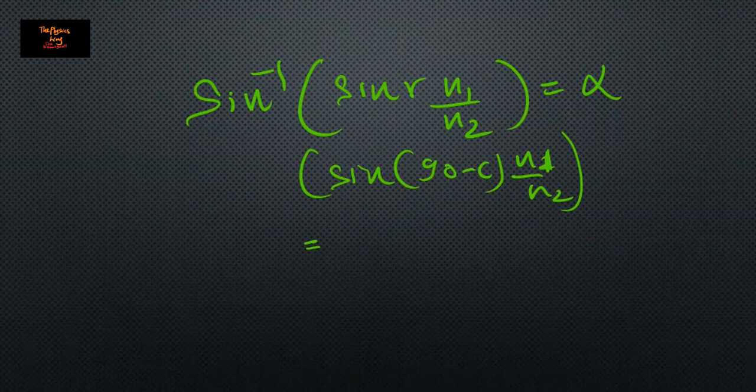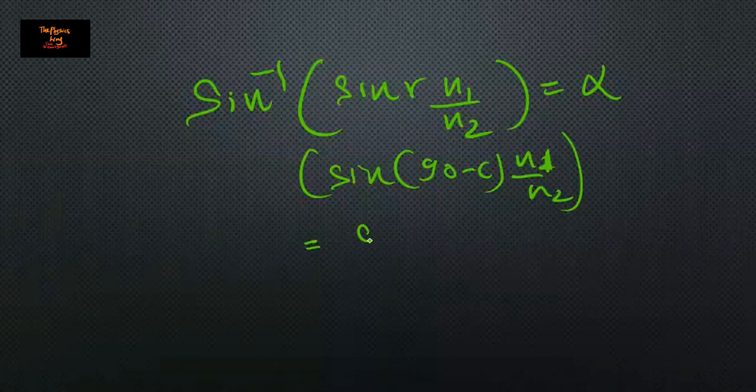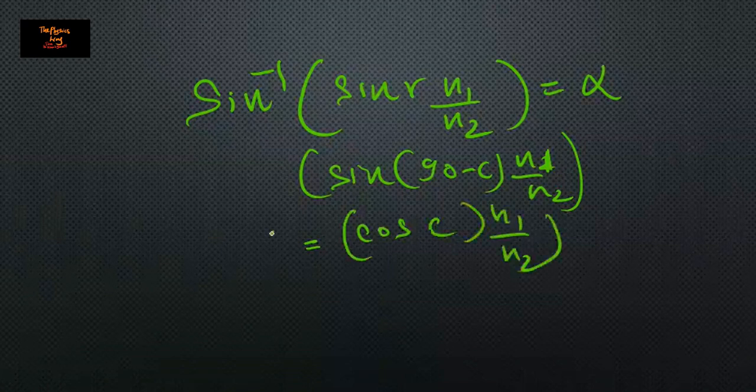Knowing that, sine of 90 minus C can be written as cos C into N1 over N2.